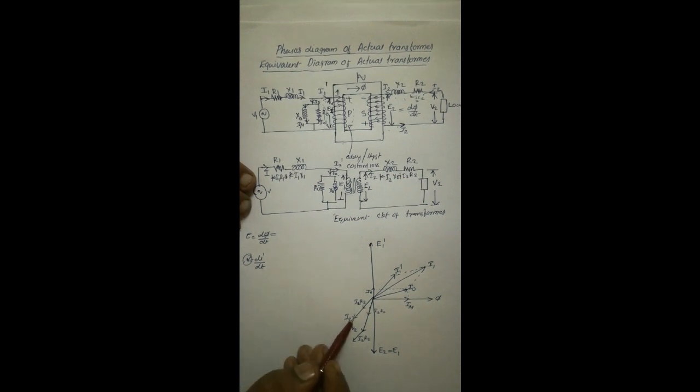Similarly, when E is equal to d phi by dt, if flux is the reference vector, E lags behind the flux by 90 degrees. Here also, the drop across the reactance leads the current by 90 degrees. Then the current is I2.